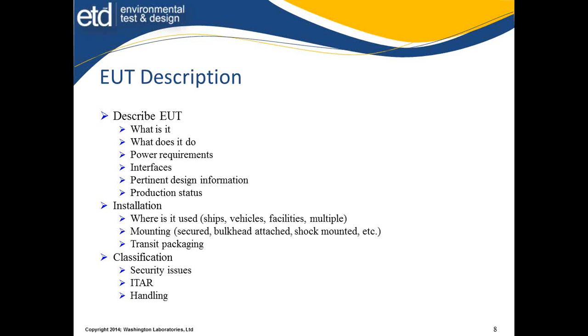Interfaces. How am I going to deal with interfaces? What's out there? What does it normally do? Any pertinent design information that could affect things. Like, for instance, you may have a paint finish that varies, and if we're doing tests with different paints, it could affect things like sand and dust performance.